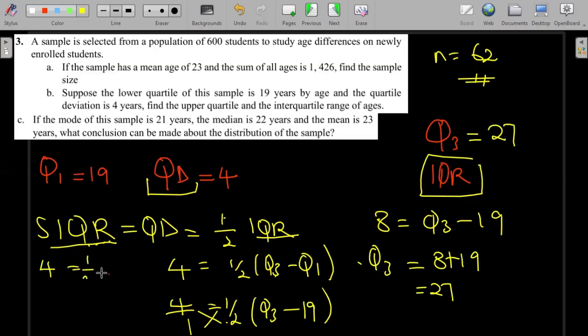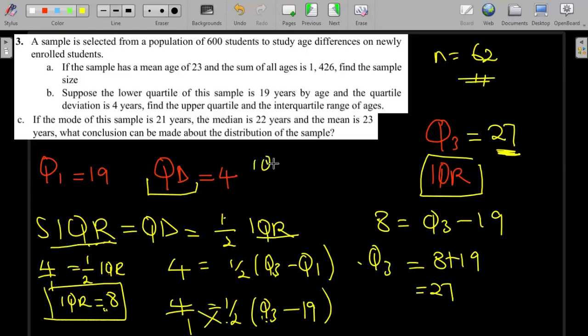So you can just cross multiply, and the interquartile range is equal to 8. But if you first want to find the Q3, you can find it the way we did, and then my interquartile range is equal to Q3, 27, minus Q1, which is 19, which just gives me 8.